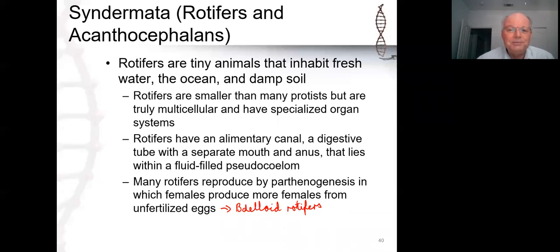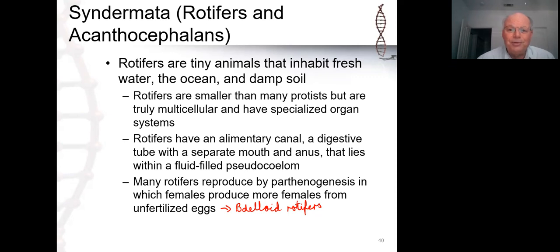And as a consequence, asexual reproduction and species that reproduce asexually should not survive for very long periods of time, like 50 million years in evolutionary terms. Simply shouldn't happen. Yet the bdelloid rotifers have been very successfully doing this for around 50 million years, as best we know.